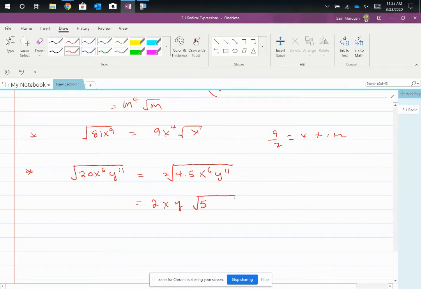We have 5 remaining under here. 6 divided by 2 is 3, nothing remaining, so we take out x cubed. And then 11 divided by 2 is 5 plus 1 remaining. So we close this up nicely and say this is 2x cubed y to the power 5 square root of 5y.